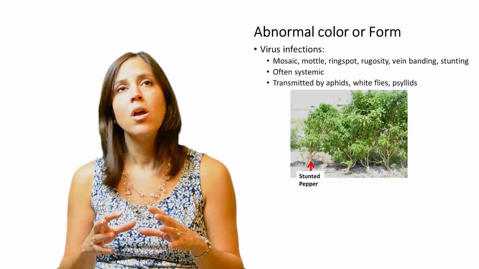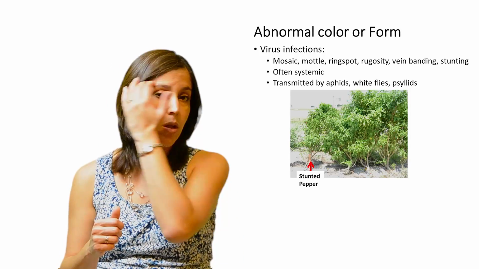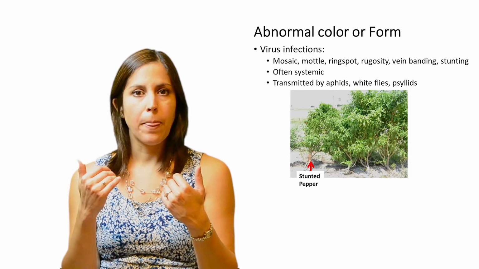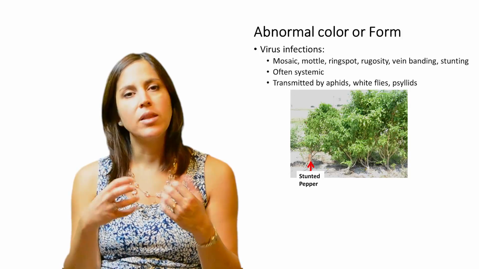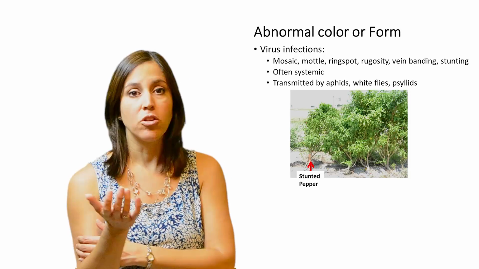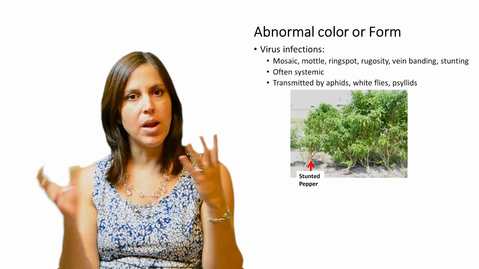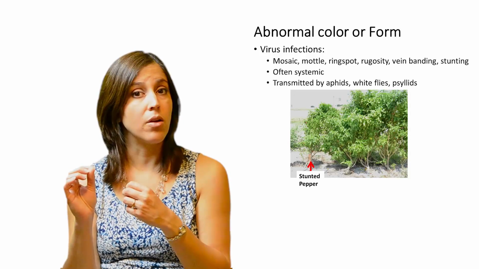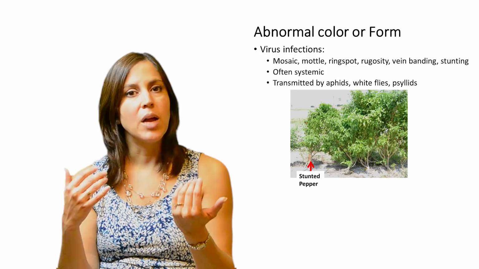Or rather than resistant, they were mostly looking for tolerant plants, so that they could see tomato and pepper plants infected with viruses but still able to produce a decent crop. Because the trial had many different varieties or cultivars of the peppers, I was able to see different types of symptoms.